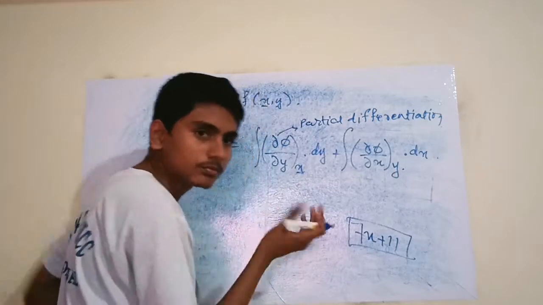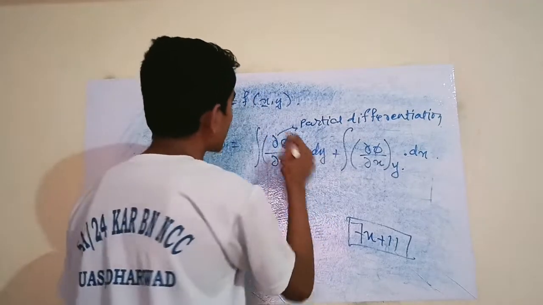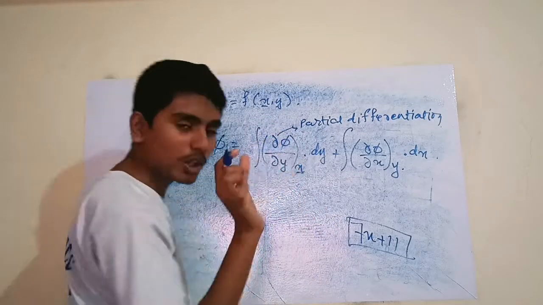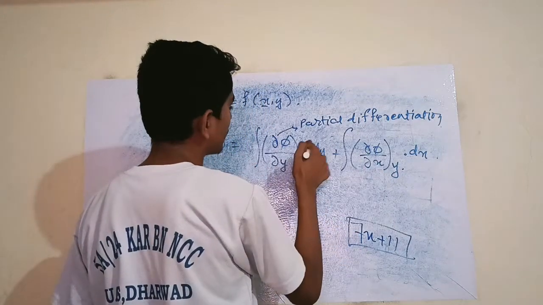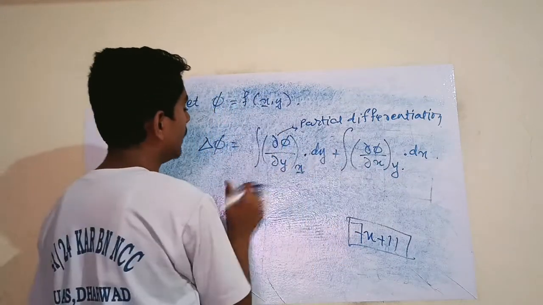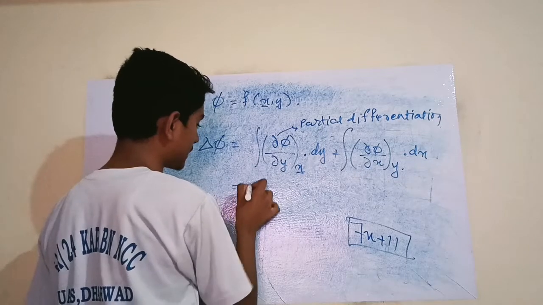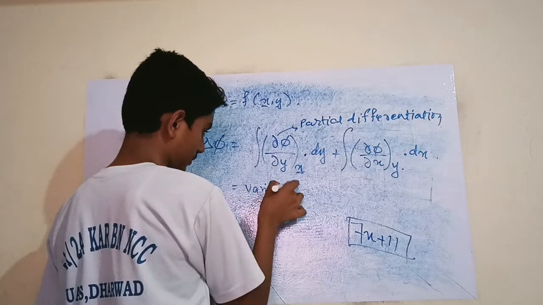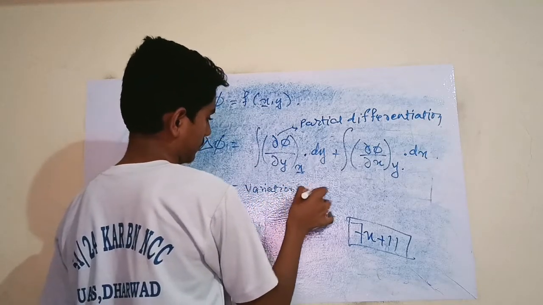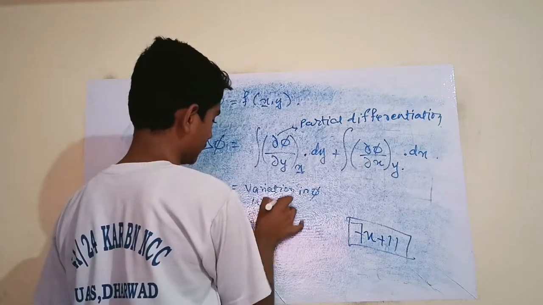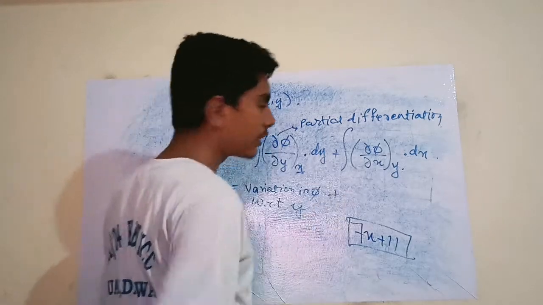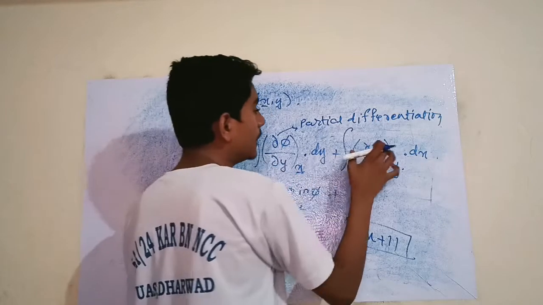That I have calculated, and this is a small variation. Now I have integrated with respect to dy, and I have got the full variation in phi with respect to y.